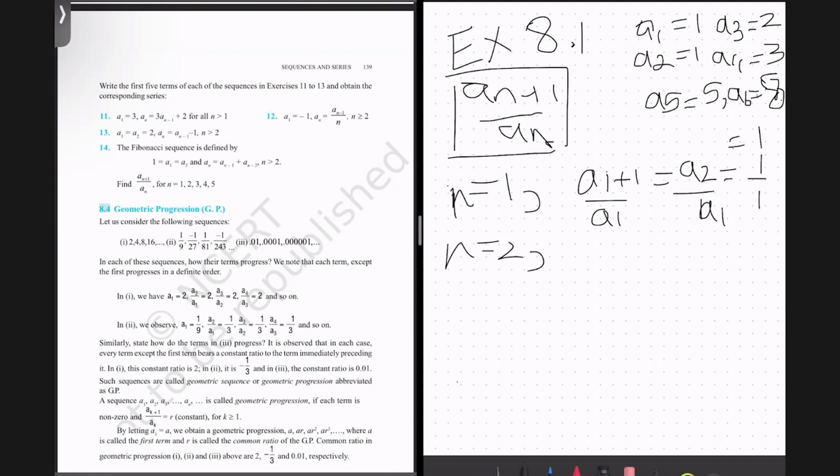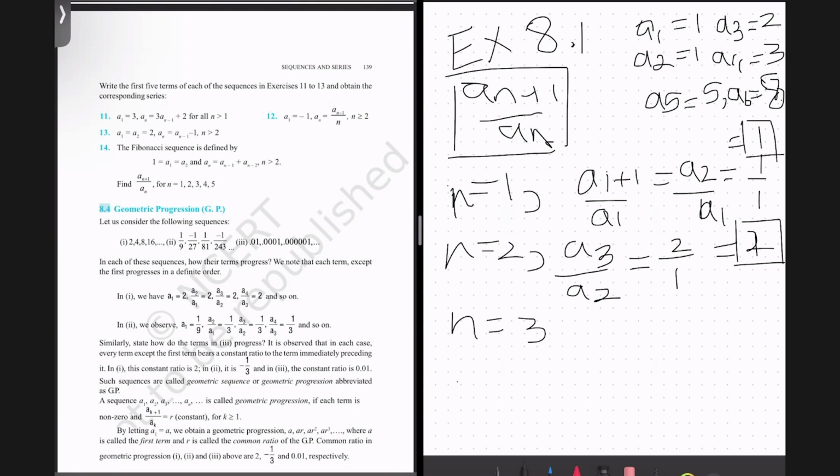For n equals 2, I have a of 3 upon a of 2. Correct. A of 3 is nothing but 2, and a of 2 is 1, so 2 upon 1 is nothing but 2. Correct. For n equals 3, I have a of 4 upon a of 3.